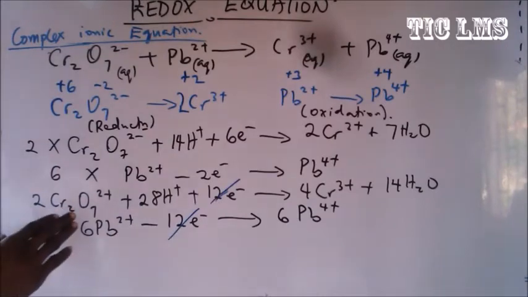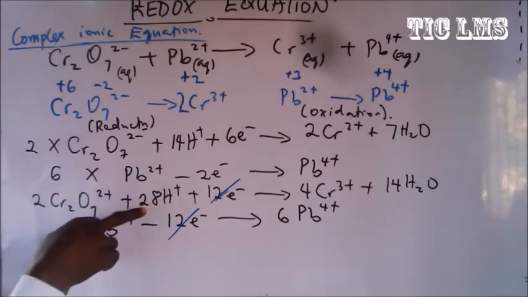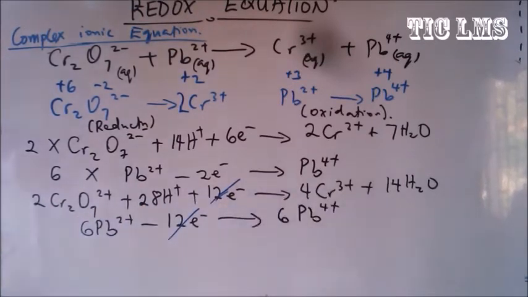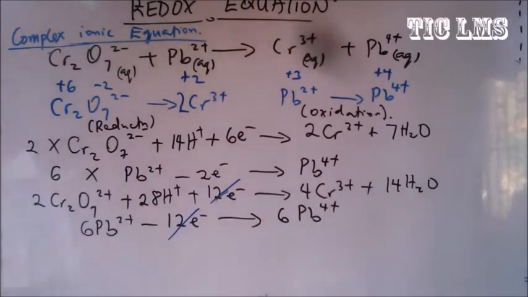Next, we'll combine our equation. But if you look at this equation, we have 2, 28, 4, 14, 6, 6. That means we have a common factor there, which is 2. So we could divide all through by 2. But before we do that, let's write the entire equation.